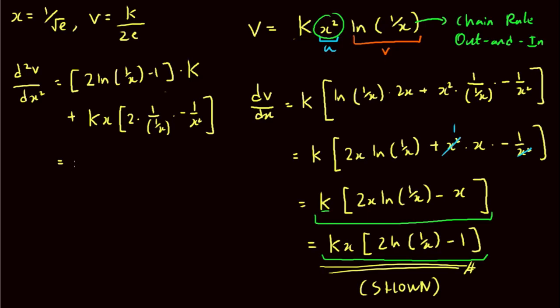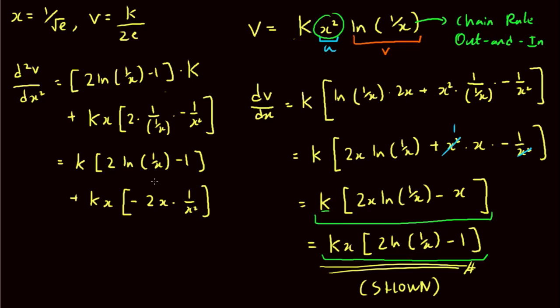So to simplify it, you end up having k bracket 2 ln 1 over x minus 1 plus kx, and the bracket is just negative 2, so you have 2x times 1 over x squared, so you can simplify that a little bit more and then you end up having x, right?